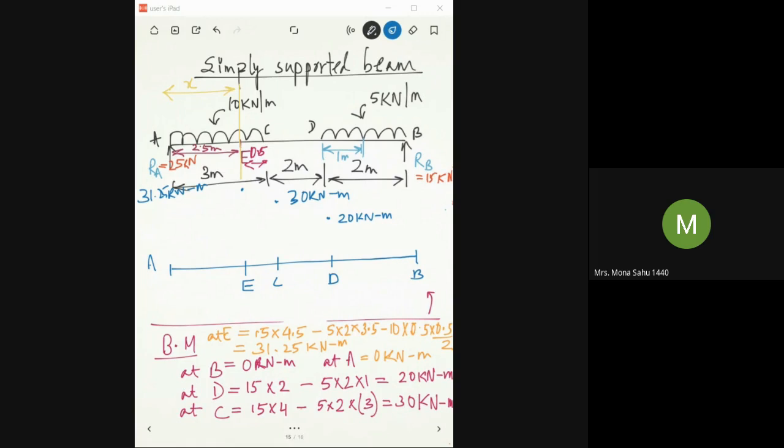It's going to be a parabolic curve from A to C, and then a straight line because there's no load, and then again a parabolic curve. So this is your bending moment diagram.